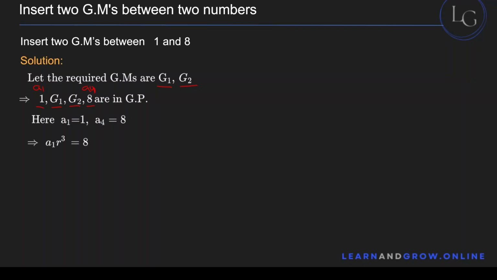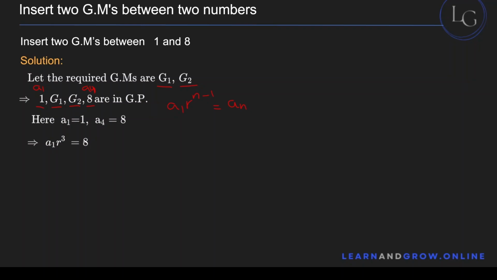Now we remember the formula that A1 into R to the power n minus 1 is equal to An. When you apply that formula over here, you know that 8 is A4.